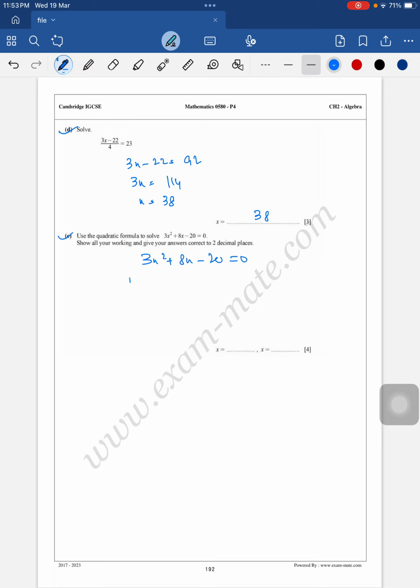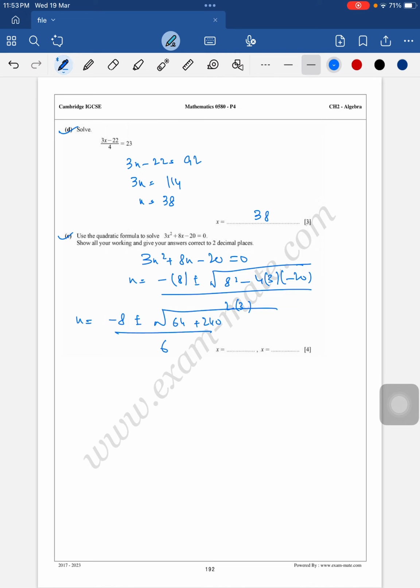So x equals minus b plus or minus the square root of b squared minus 4ac, upon 2a. So x equals minus 8 plus or minus the square root of 8 squared, which is 64, plus 4 times 3 is 12, and 12 times 20, we have 240, and 2 times 3 is 6.